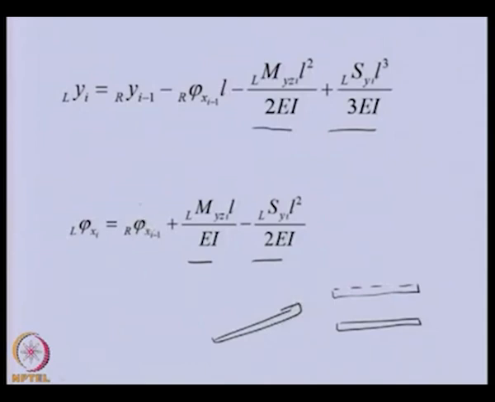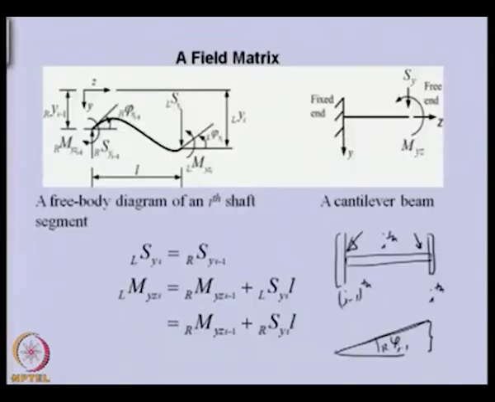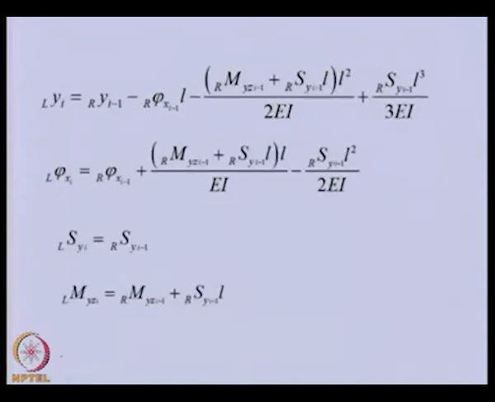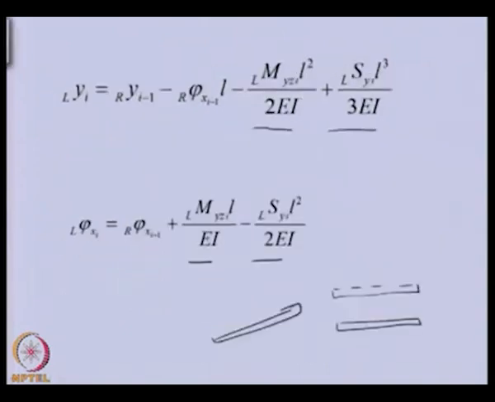Now you can see that we have related not only the shear force and bending moment, but also the translational displacement and rotational displacement. These relations we can summarize like this. This is the first equation, the linear equation. If we go back here, you can see this particular moment.